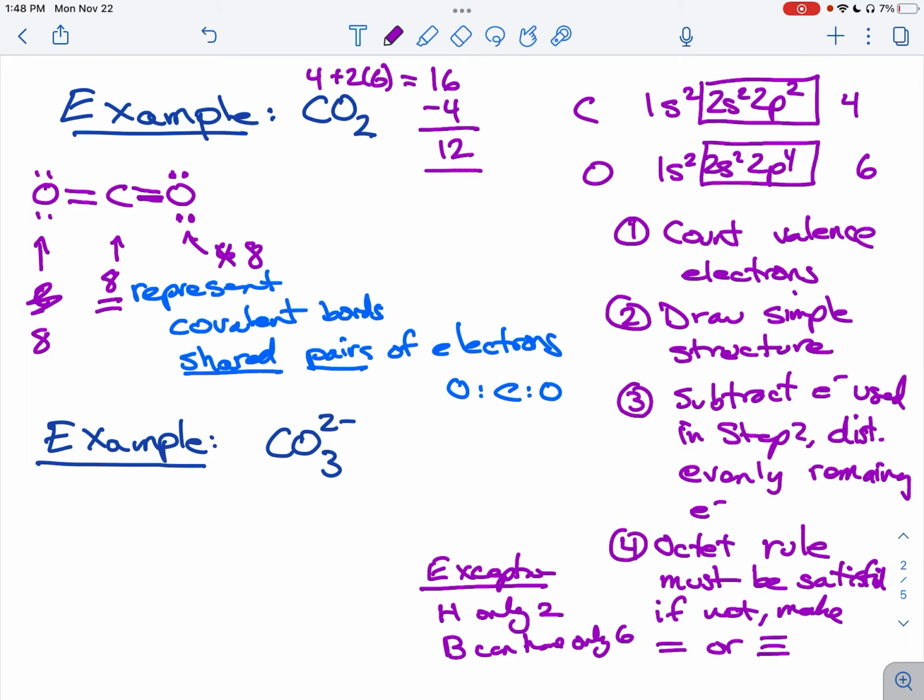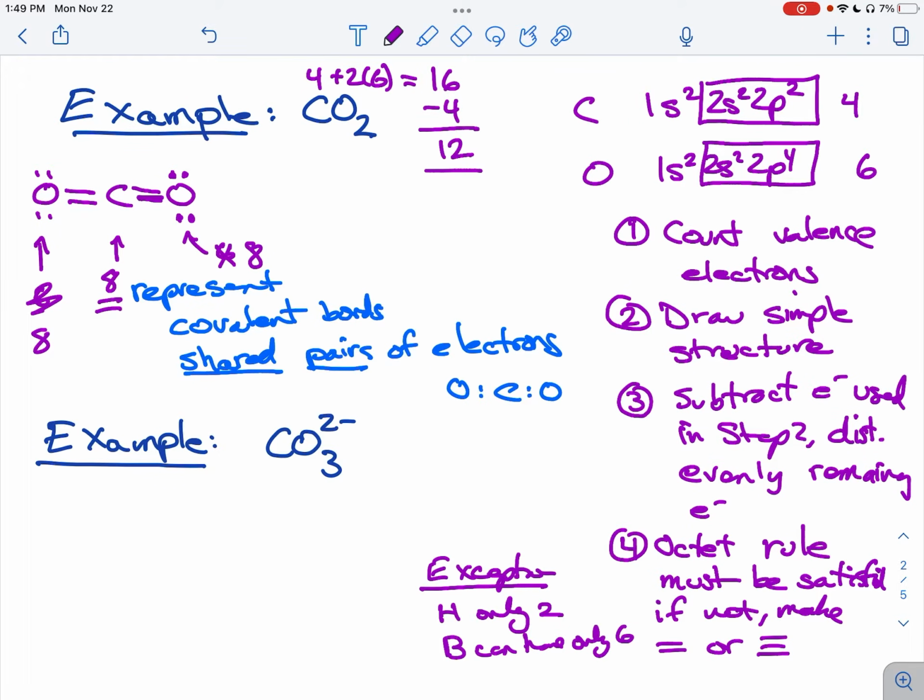It hard applies for things in the second row of the periodic table, or the first row of the p block, I guess. So carbon, nitrogen, oxygen, fluorine. It hard applies for them. Everything else, it's kind of negotiable. But since that's what most of the molecules in the world are made out of, it's a useful rule to have.